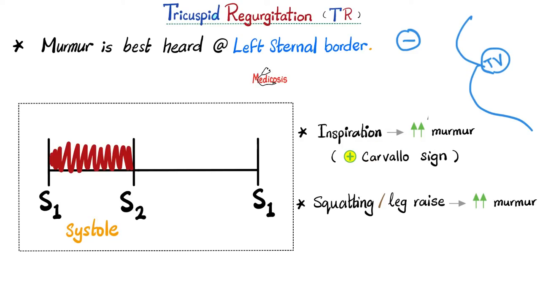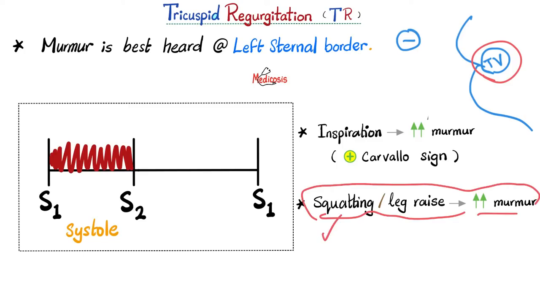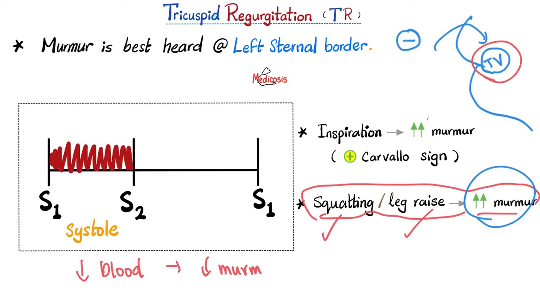But anything that increases the blood that passes by the valve will also increase the murmur, such as squatting, which increases preload and afterload, leg raise, which increases preload. More blood passing by the valve equals more murmur. Conversely, less blood passing by the tricuspid valve will decrease the murmur of tricuspid regurg, such as standing up suddenly.